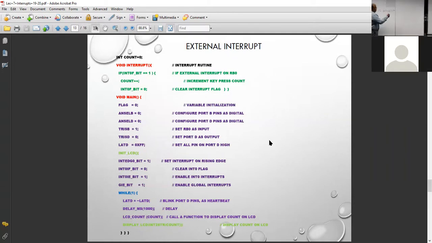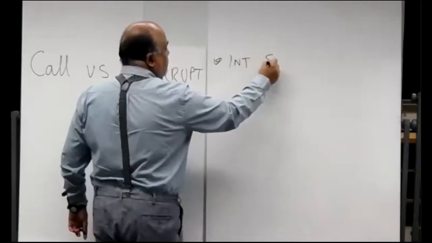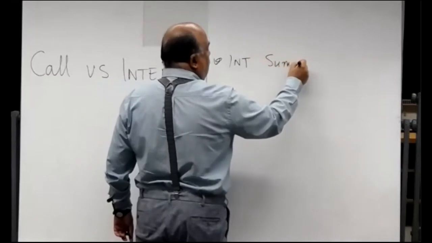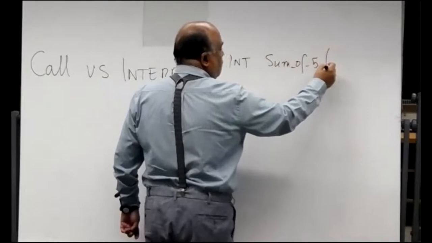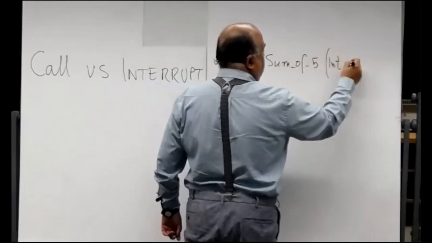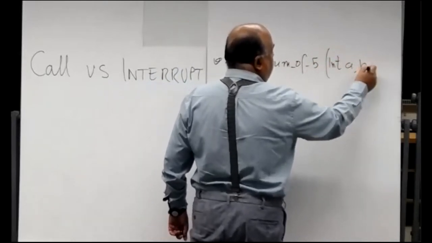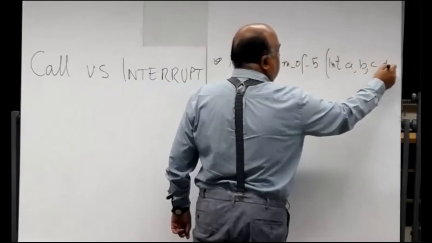So you may have a procedure called sum of 5 ints: int a, b, c, d, e.